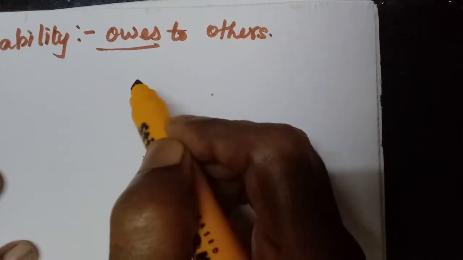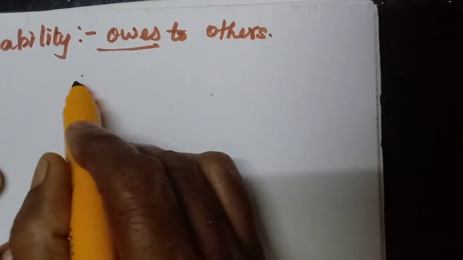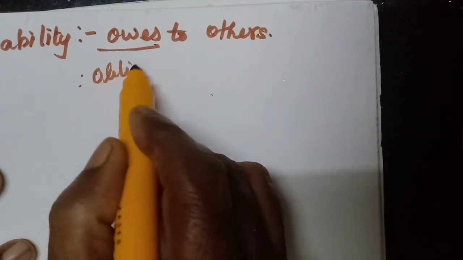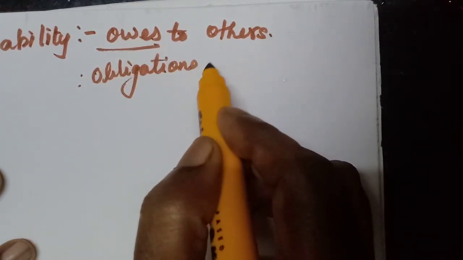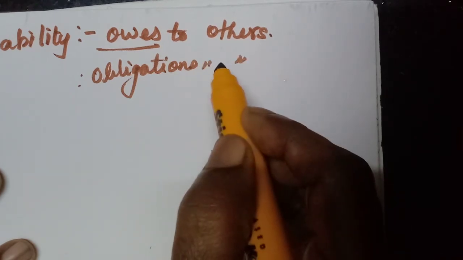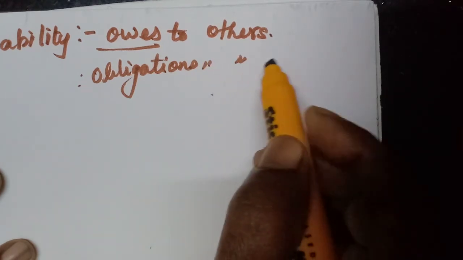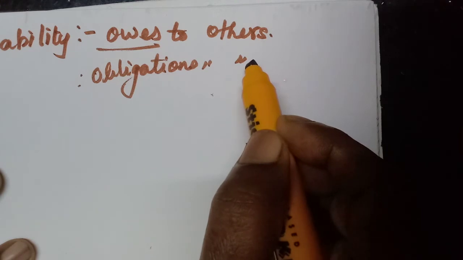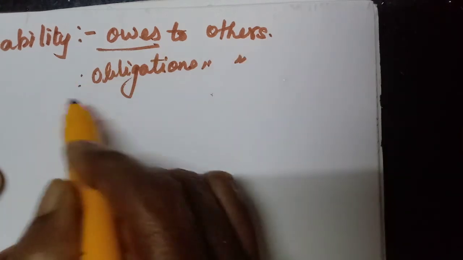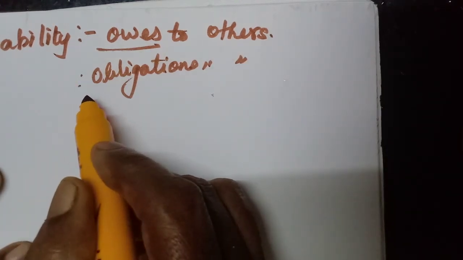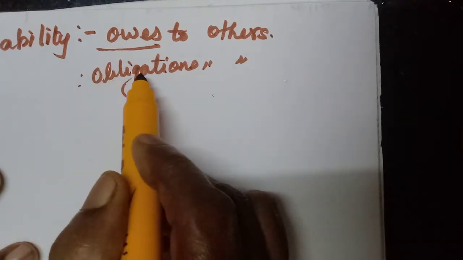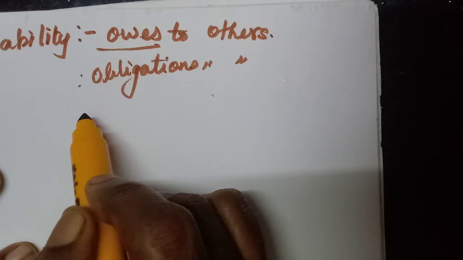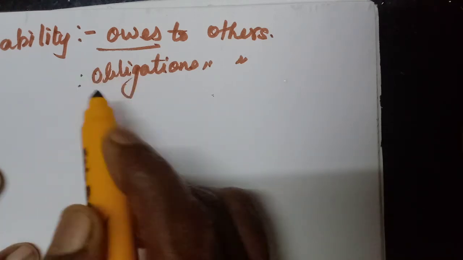When the business owes something to others, or we can say the obligation of the business. Poruppu, understand? Obligation to others, that is a liability. Even the capital also can be said as a liability. That third heading we are going to learn, but the other liabilities we will see.